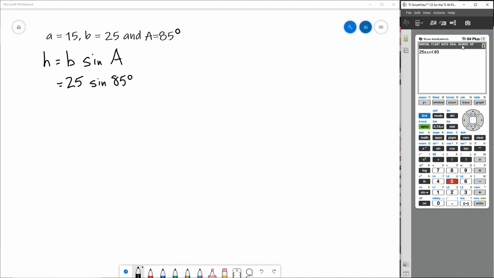Up here, I see degree on the screen, so I know that I'm in degrees, not in radians. And this is going to pop out approximately 24.90. I'm going to take my lengths to two significant digits.